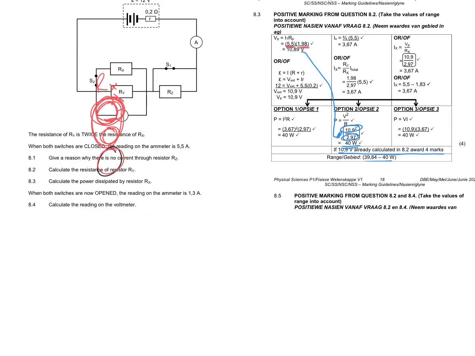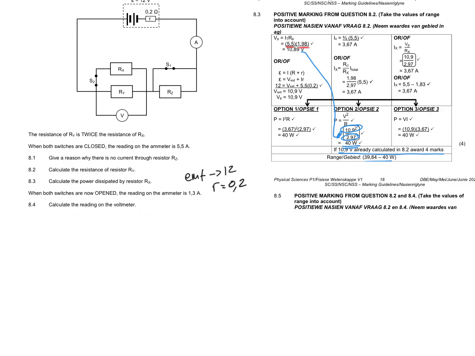Okay, now they're saying when both the switches are open, the ammeter reading is 1.3. So now we have a completely different situation, which is maybe going to stress some people. However, the EMF will still be 12, and the little r will still be 0.2.